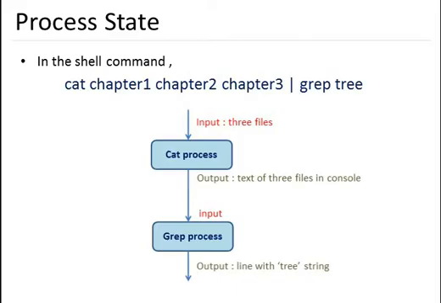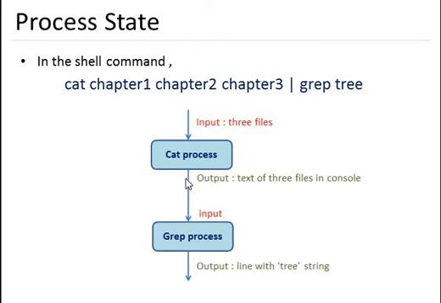The cat process reads the content of these files, and the grep process finds the substring tree in that content. If the cat process is faster than the grep process, then it will be okay.